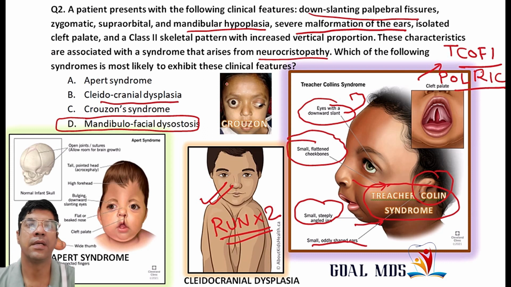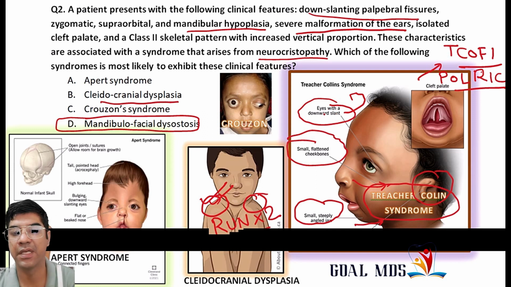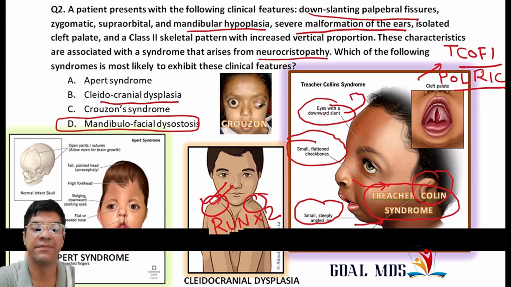In cleidocranial dysplasia you will see an absent collarbone. There will be delayed or absent closure of the fontanelles on the skull, and short stature. These are the features.